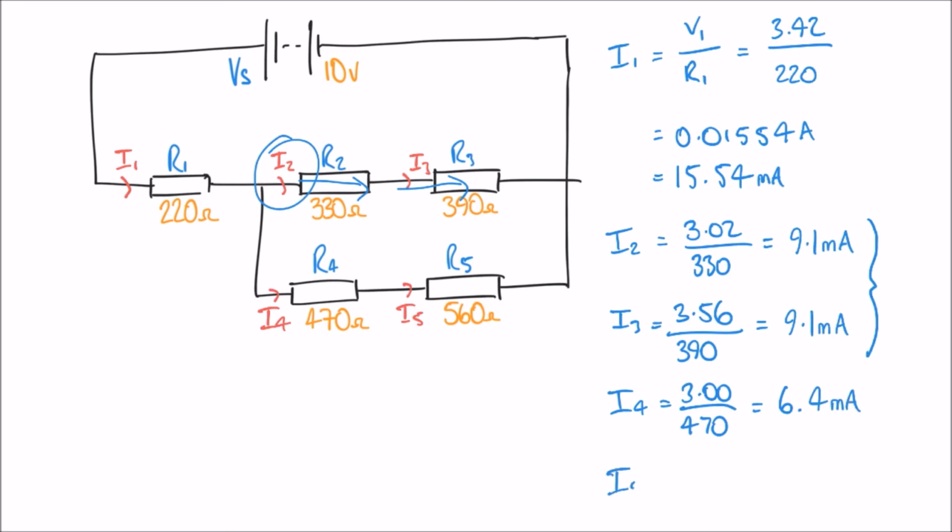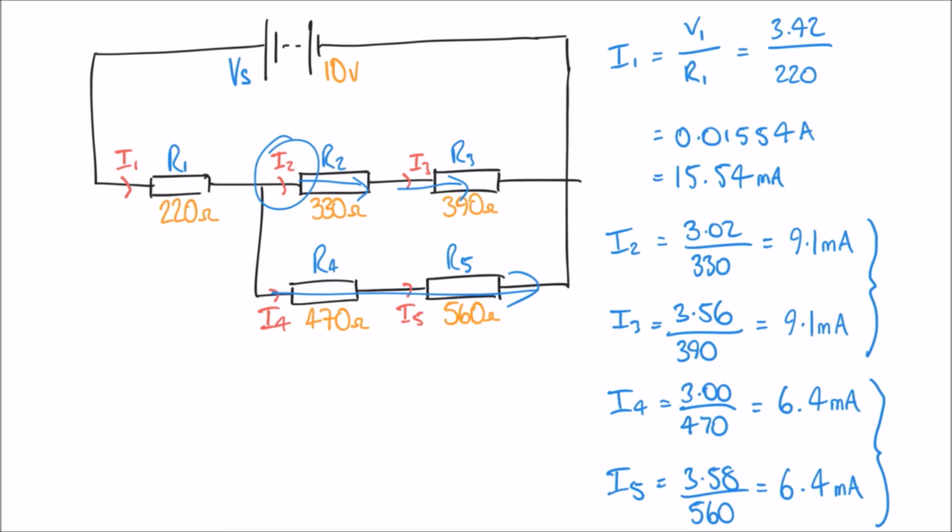And I5, the last one, is V5. We calculated that to be 3.58 divided by R5, which we said is 560, and that also gives me an answer of 6.4 milliamps. And again, we're seeing that same current for I4 and I5, which we would expect because they are the same current. They're going through that whole section of the network there.